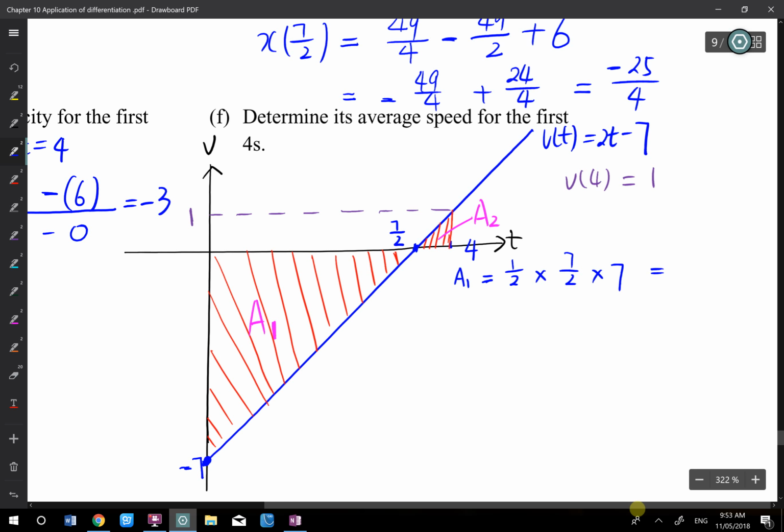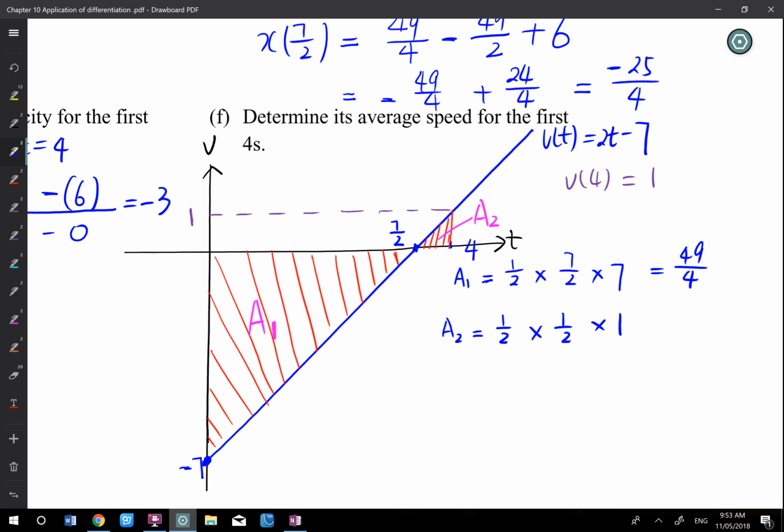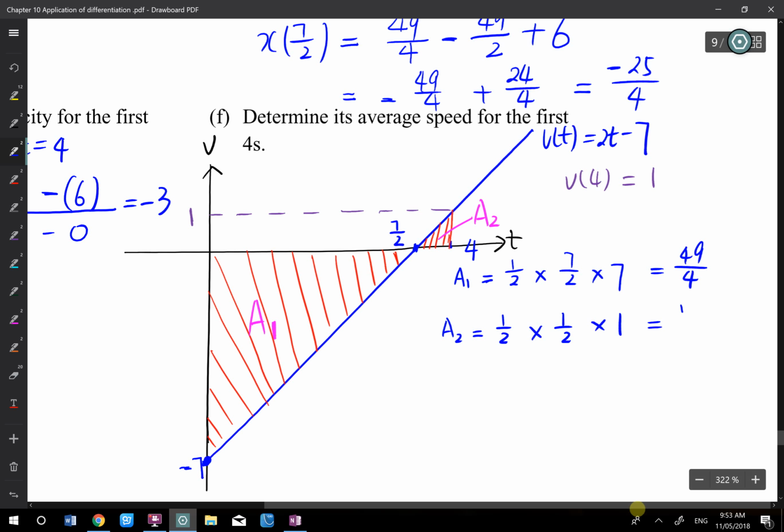So I got 49/4. A2 is a half times 1. That gives me a quarter.